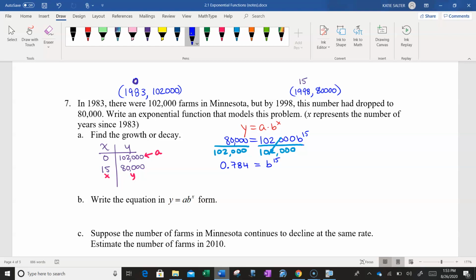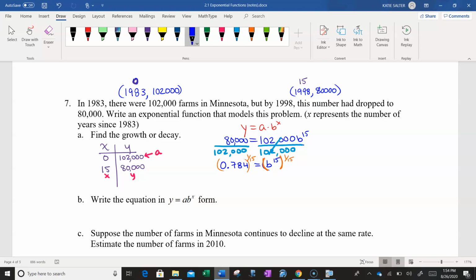All right, so we want to solve for the base, so we have to undo that raised to the 15th power. To do that, you either have to take the 15th root of each side, or what I find to be easier is raise each side to the 1/15th. Last year, you should have learned with your exponent rules about fractional exponents, and fractional exponents are the same thing as radicals, and I find that's just easier to type in my calculator.